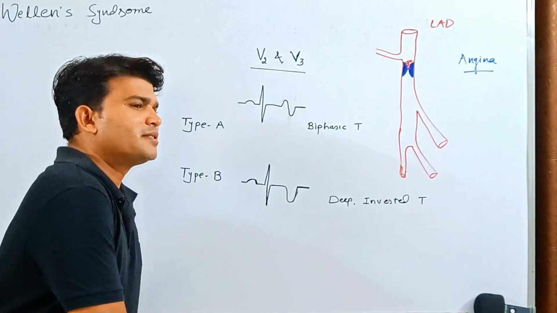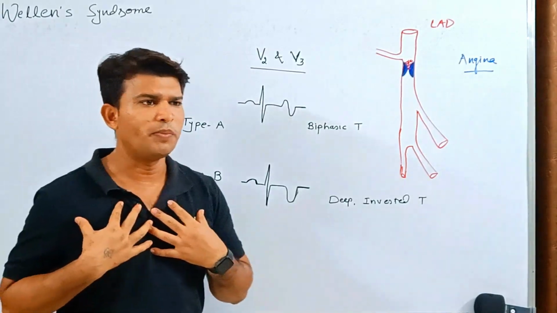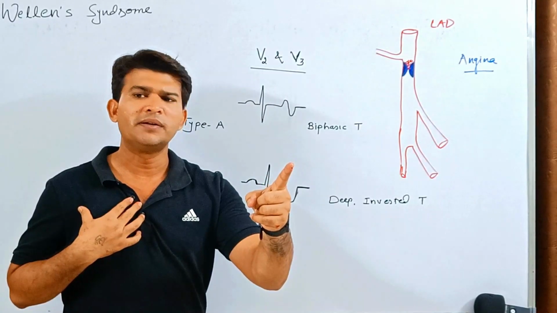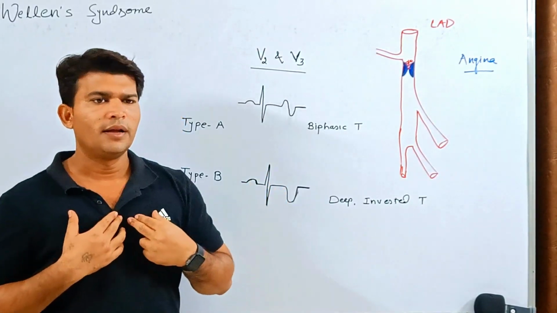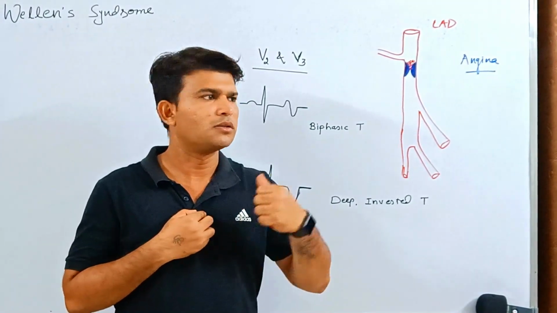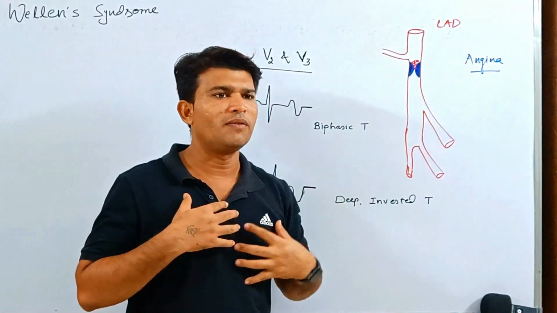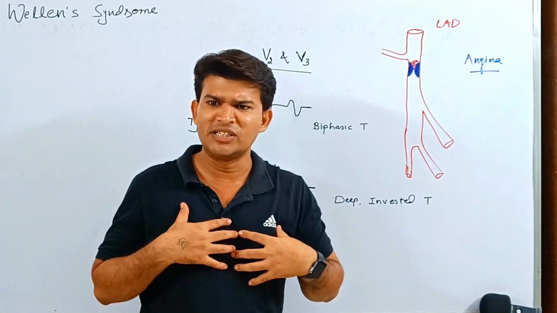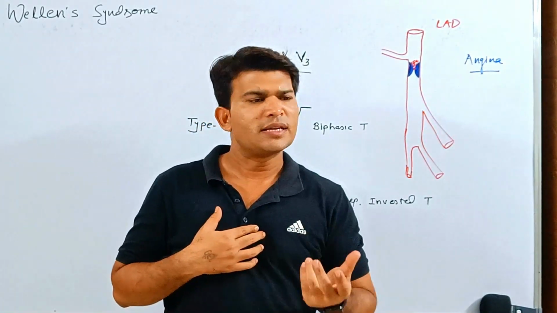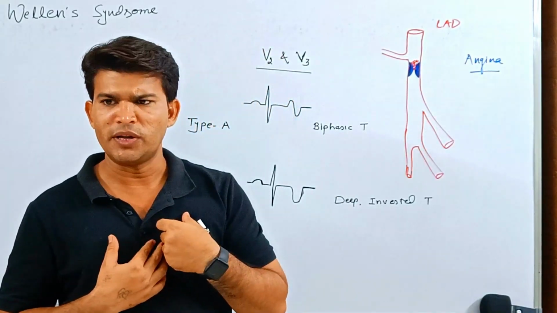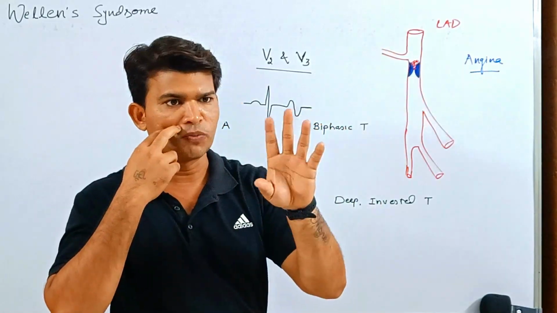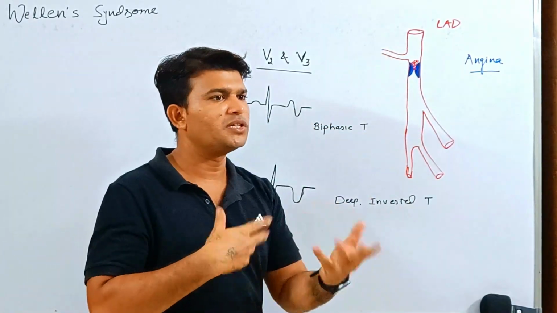Let me discuss the scenario. I am the patient and I have a critically occluded left anterior descending artery, right? And a dynamic alteration or platelet plug is formed here, and now I am having a classical anginal attack and diaphoresis, and I have taken pre-hospital aspirin, and that platelet plug is dispersed and reperfusion is started.